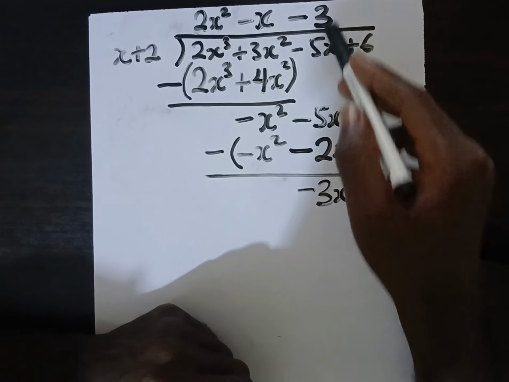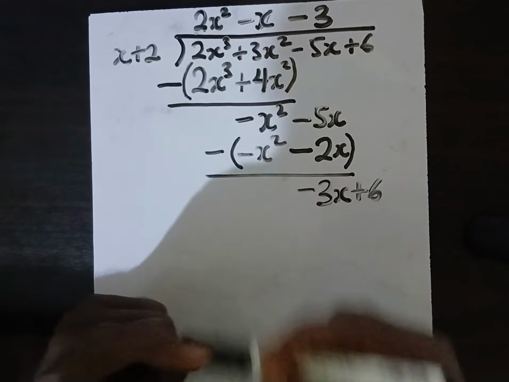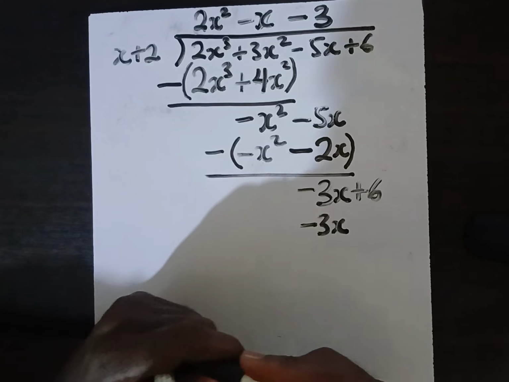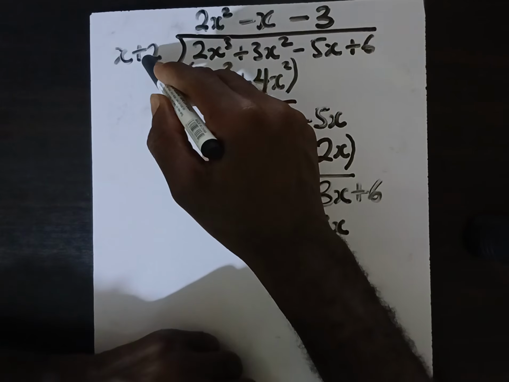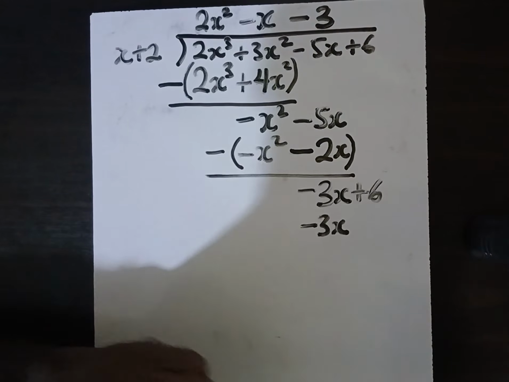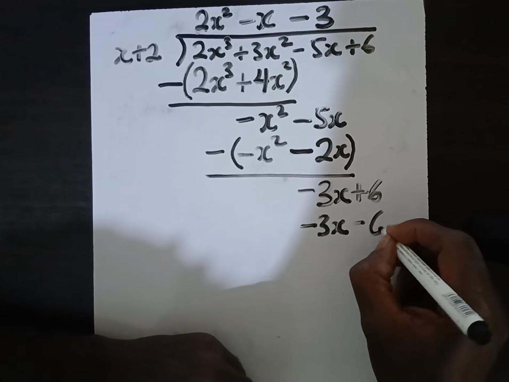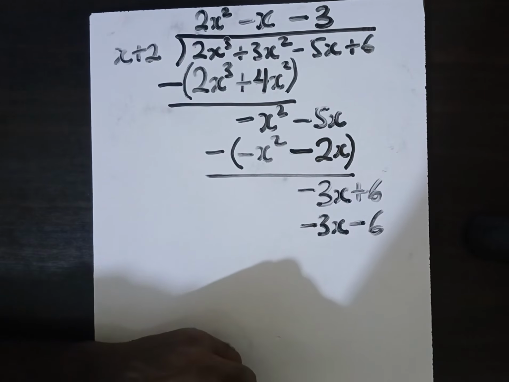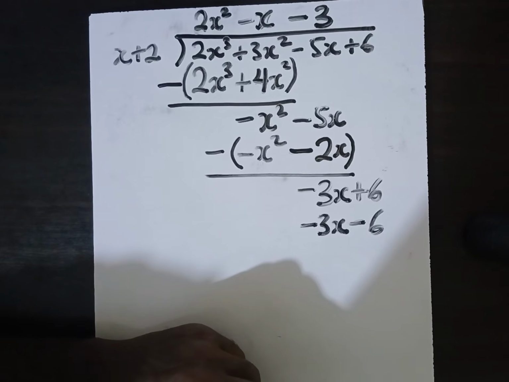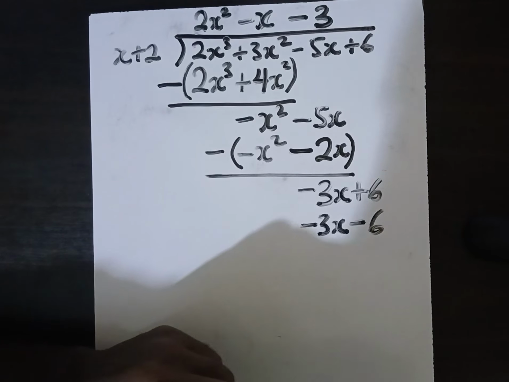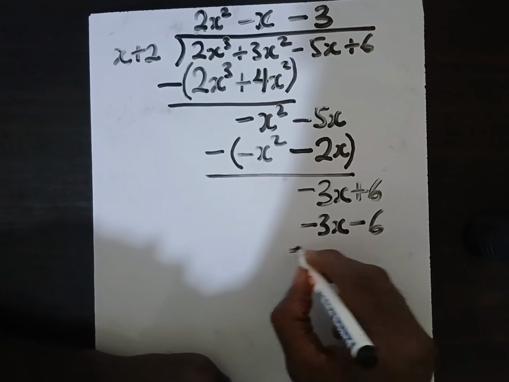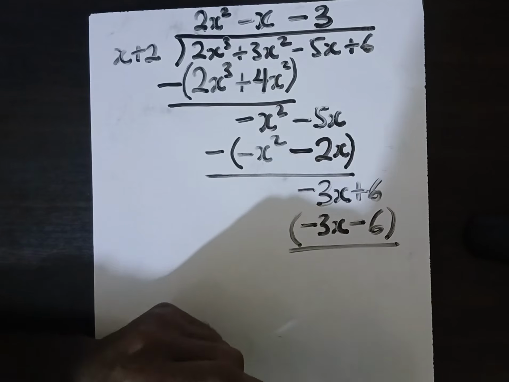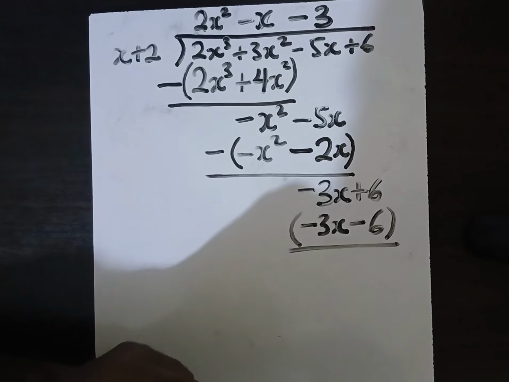Then you take it again, negative 3 times x. That will give you negative 3x. And then negative 3 times positive 2 is negative 6. So you underline it nicely, you indicate your brackets, and then you bring your minus symbol.